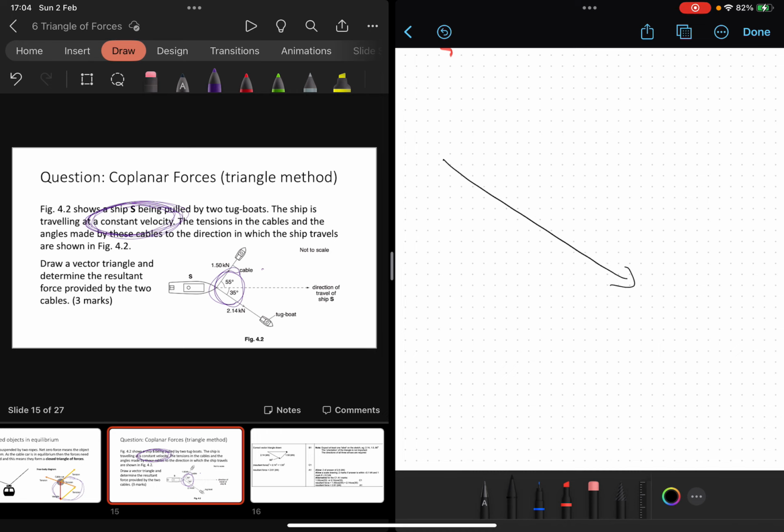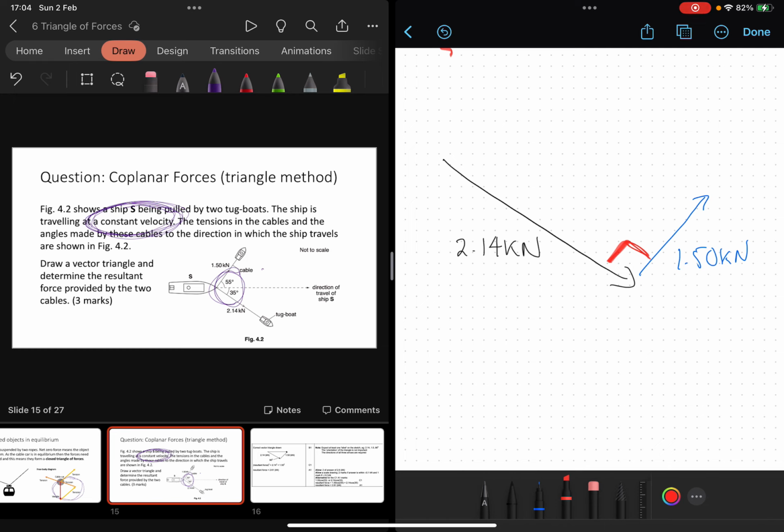So to scale, I would draw a 2.14 kilonewton vector, and to scale tip to tail, I would draw the 1.50 kilonewtons. Okay, there is that right angle between the two of them.